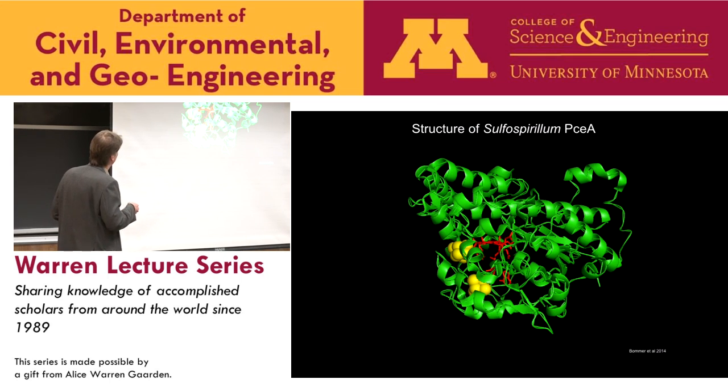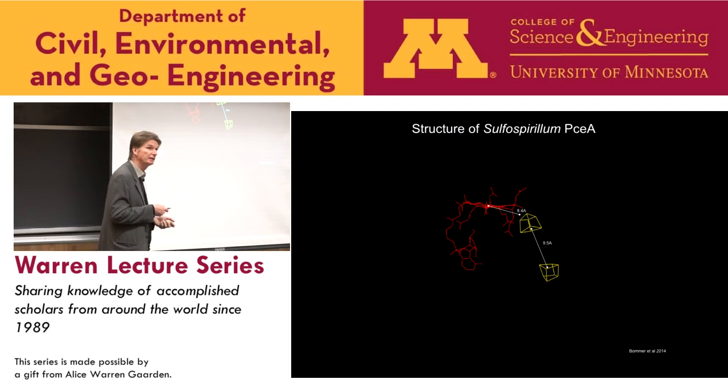If you just strip away the protein and look at the active site, you can see this is the dimethylbenzimidazole, this is a chlorine ring, here a planar. The iron-sulfur clusters are in proximity where electron transfer is possible.